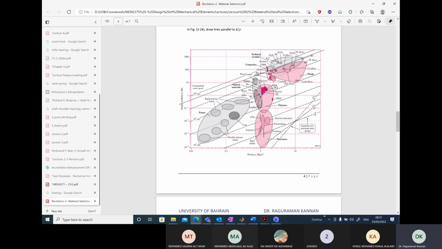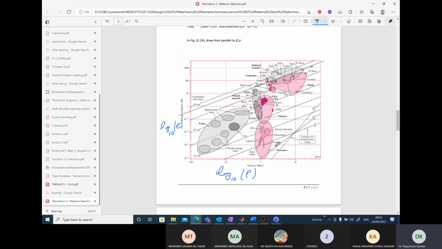So this will be log base 10 for rho, and this guy will be log base 10 E. On this graph, we are supposed to draw the guidelines. The guideline is shown to be square root of E over rho. So this particular line, how do I get it? What should be the slope? So how do you draw it? All you will be provided is an empty Ashby chart, but we want to check we have drawn them correctly. How do we do that?